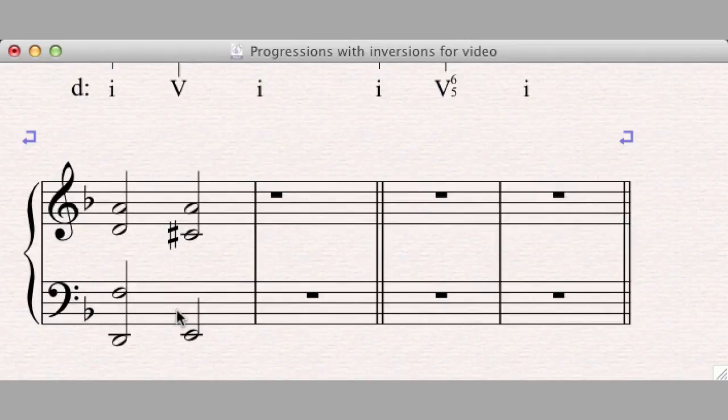Well, okay, one thing I need to tell you about 6/4 chords, that is triads in second inversion. You have to double the fifth. So I'll write that in here.